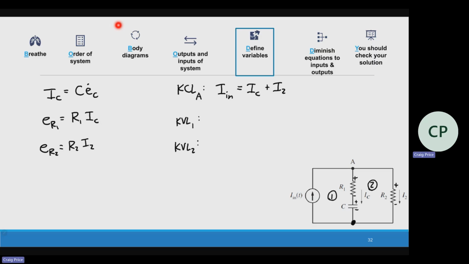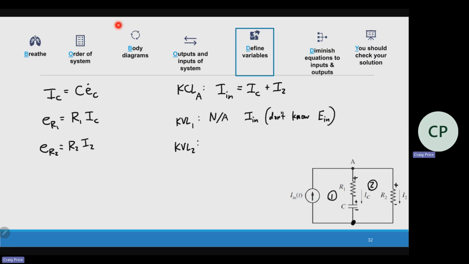Now, KVL 1. I know this has a voltage, this has a voltage. Do I know the voltage of the input? It's not 0 volts, right? Because I'm setting the current source. So this is not applicable, because we have I_N. And we don't know the actual input voltage.